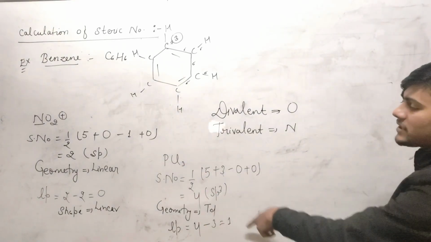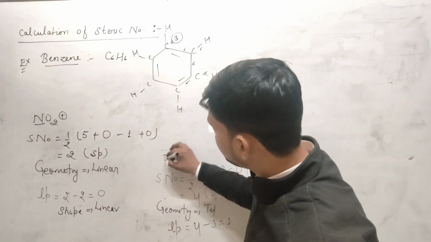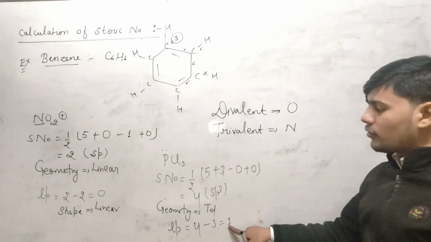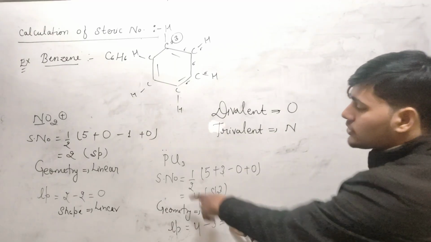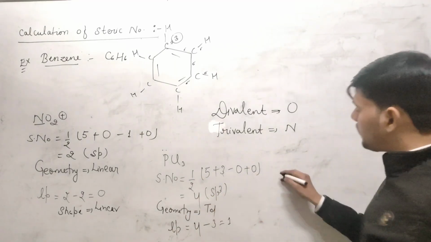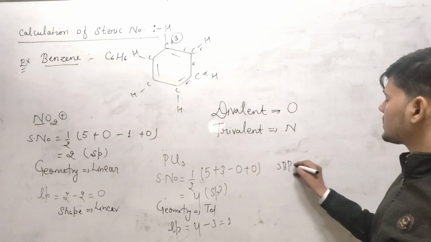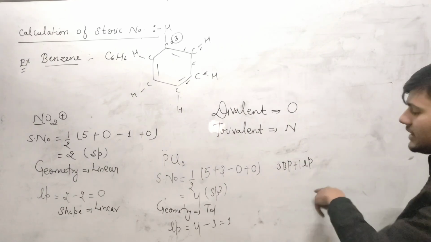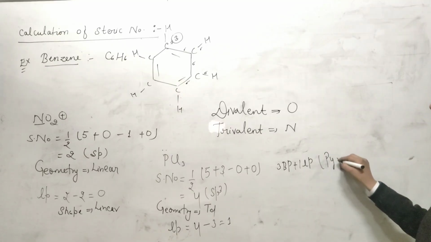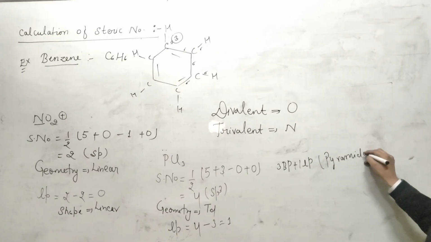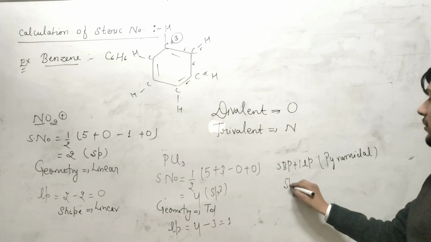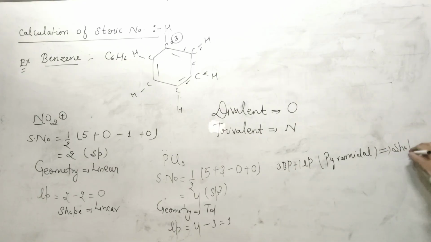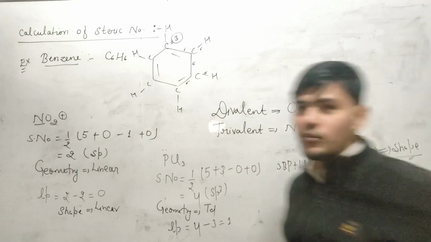So 1 lone pair is present on the central phosphorus atom. So it is the case of 1 lone pair and 3 bond pairs because the steric number is 4. 3 bond pairs plus 1 lone pair means it is a pyramidal shape. So the shape of PCl3 will be pyramidal. This is the shape of the PCl3 molecule.